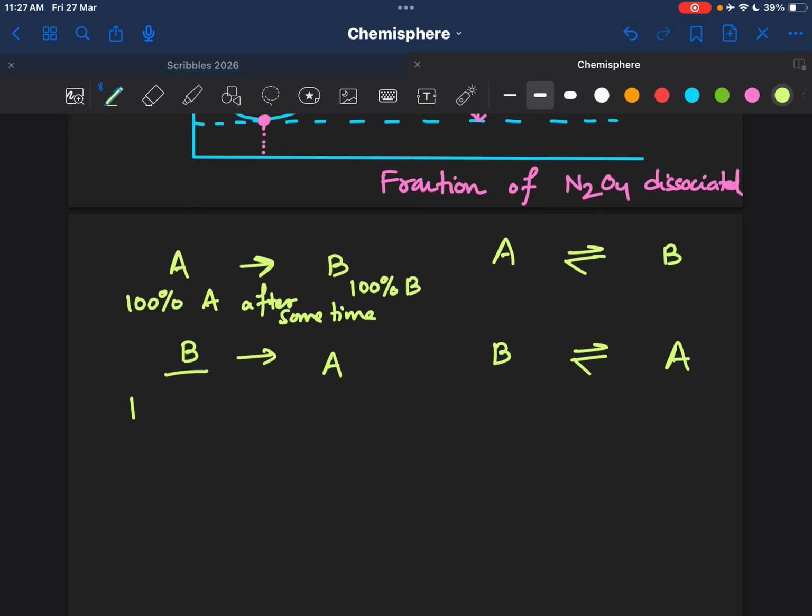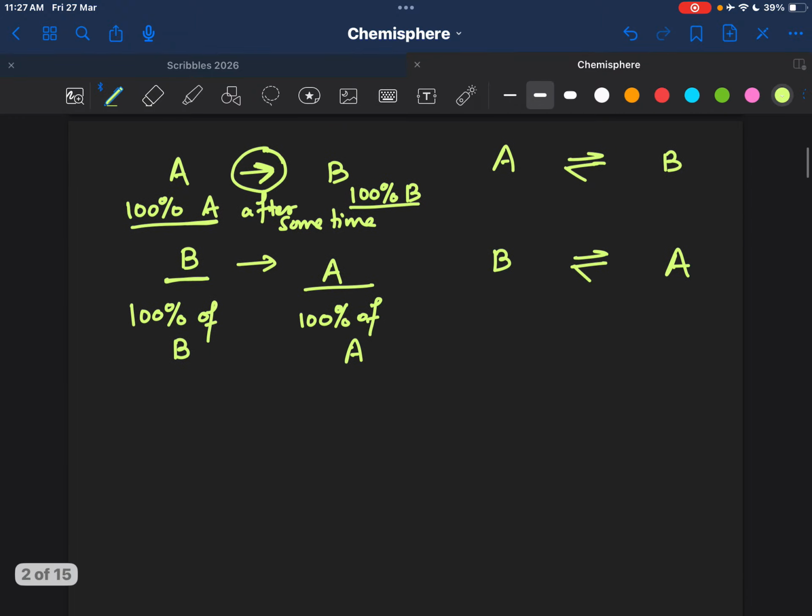We start with 100% of B, and this is irreversible, so we get 100% A. We started with 100% A and are getting 100% B. Similarly here, we start with 100% of B, and after a time interval, the reaction mixture has only A. That's it.